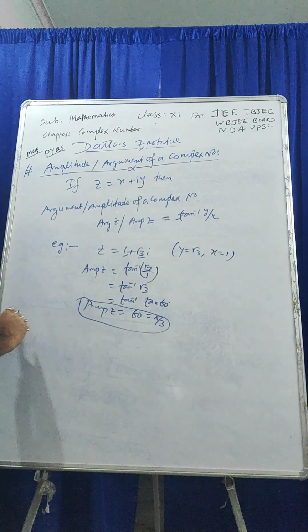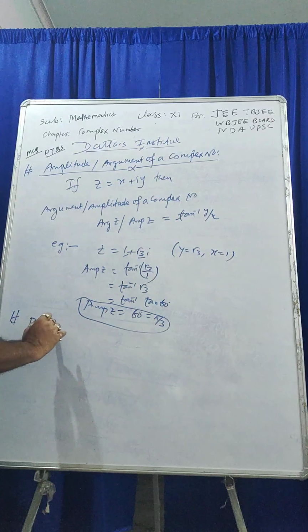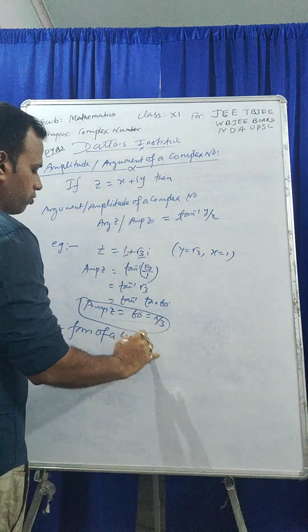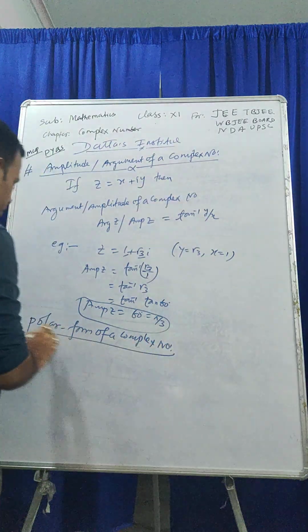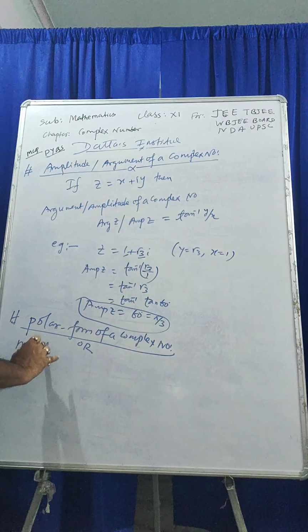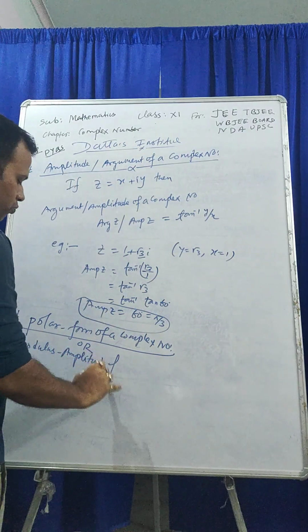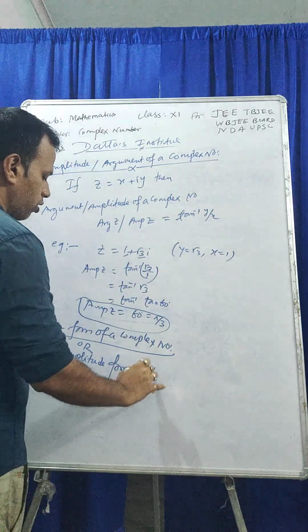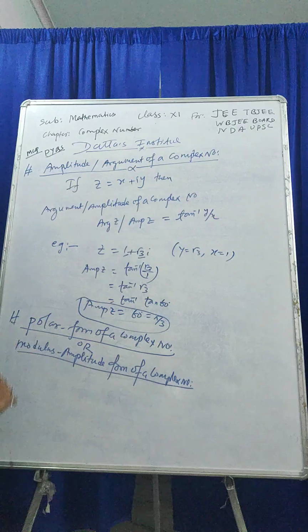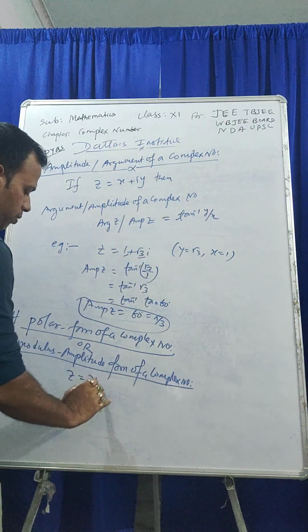Then another formula, that is the polar form of a complex number, or we can say the modulus amplitude form. What is the modulus amplitude form of a complex number? Suppose Z equals x plus iy.